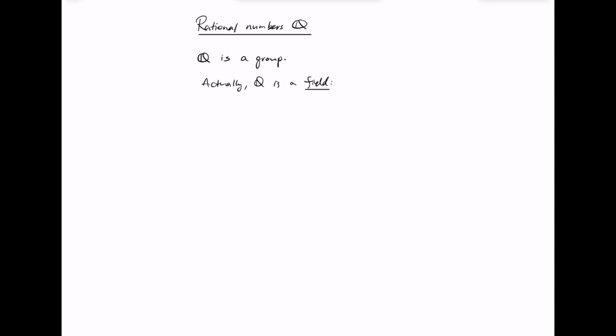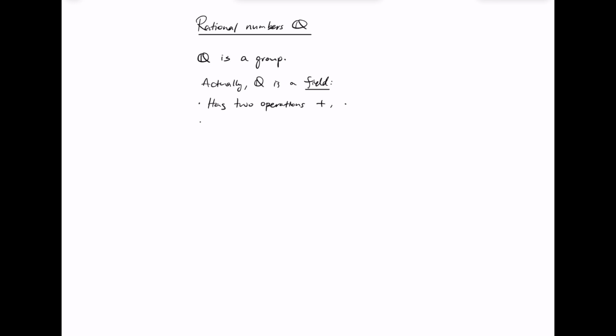What is a field? A field is a set with two binary operations, which are in this case plus and times. And these operations satisfy a number of properties.